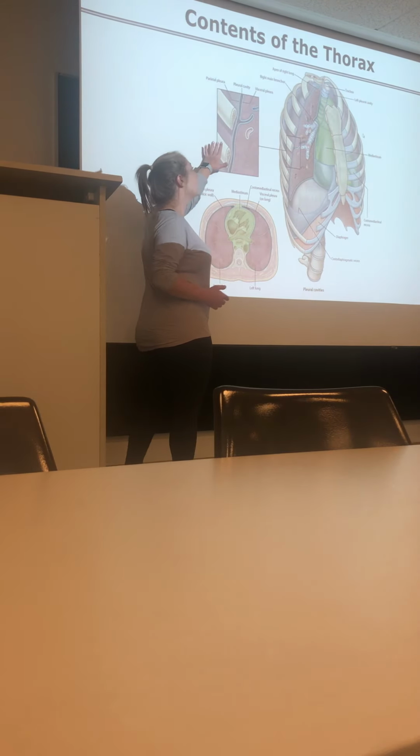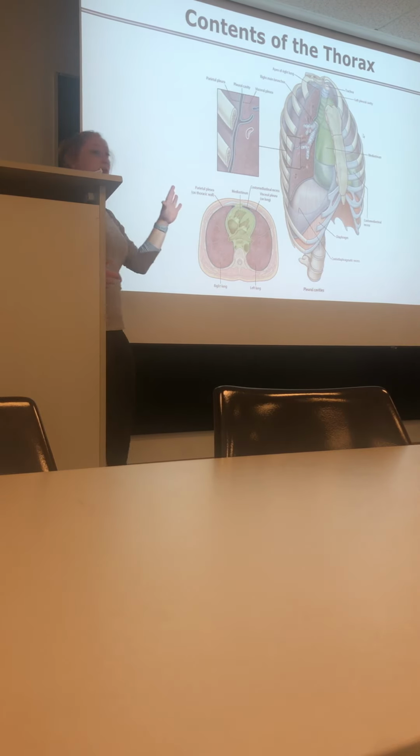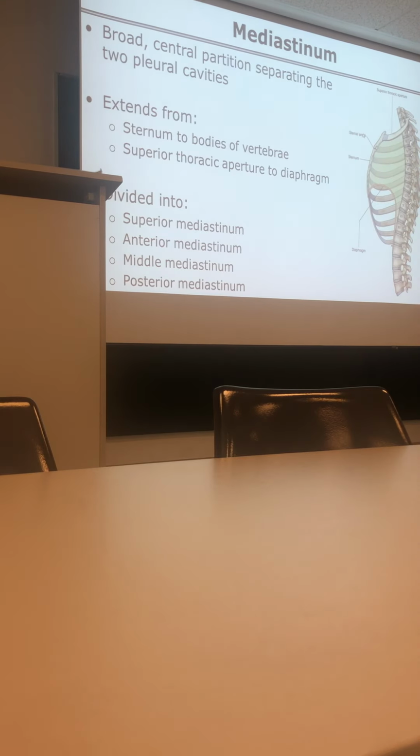And then we have our outer cage of our thorax, which is made up of the ribs and the muscles. The thorax, you can think of as one big mediastinum, this central portion of the pleural cavities.